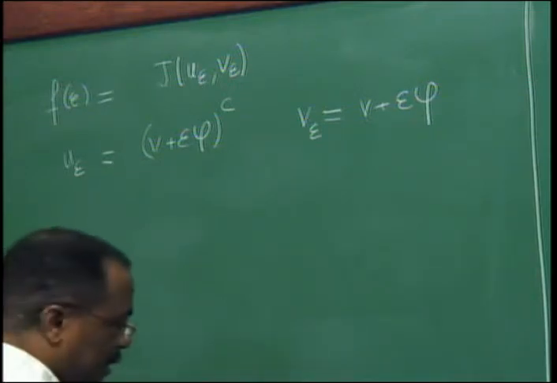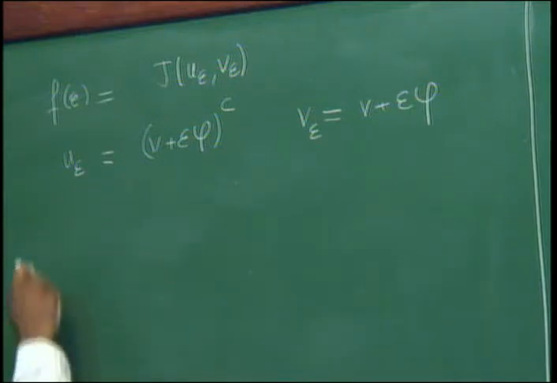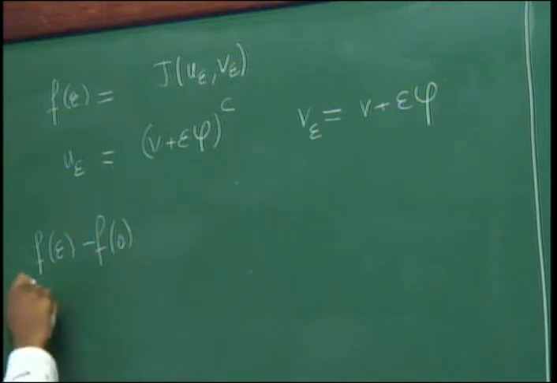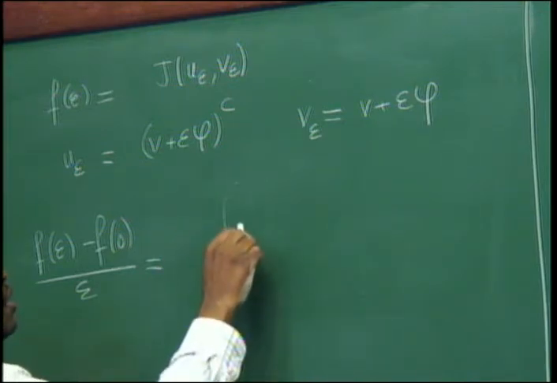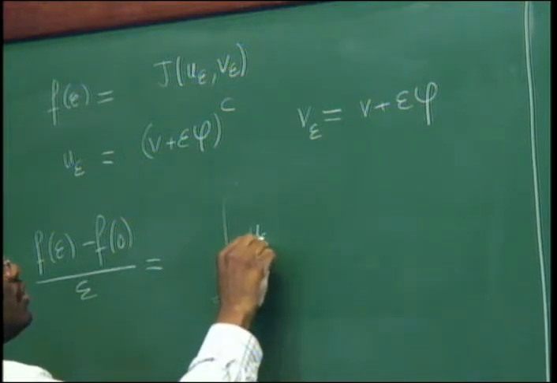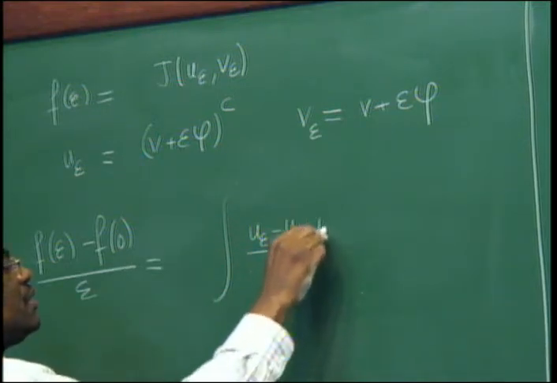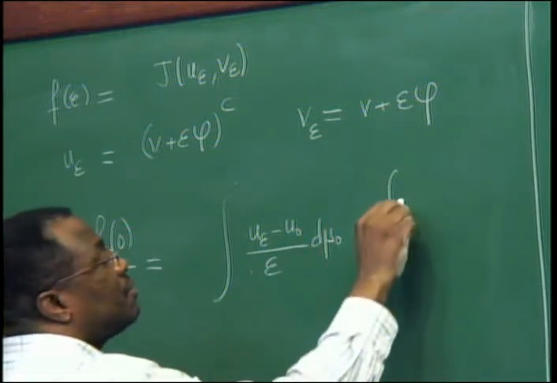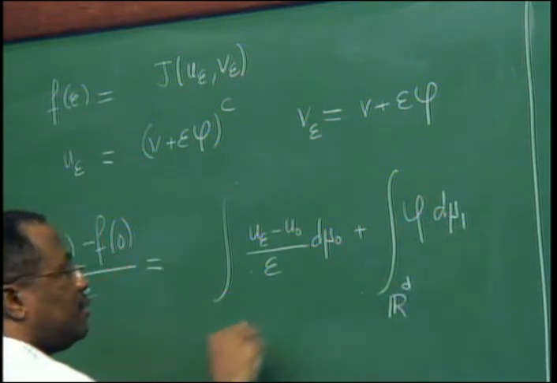Let me compute the derivative of f at 0. F epsilon minus f0 divided by epsilon equal to the integral of u epsilon minus u naught divided by epsilon d mu naught plus the integral of phi d mu 1 over Rd.